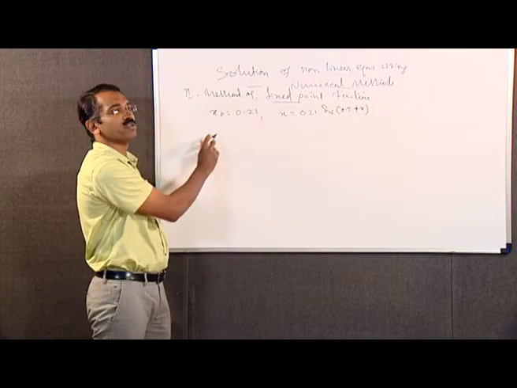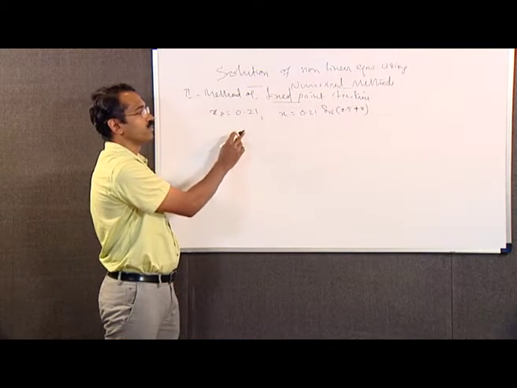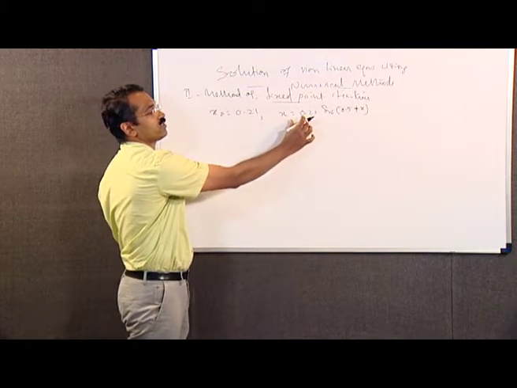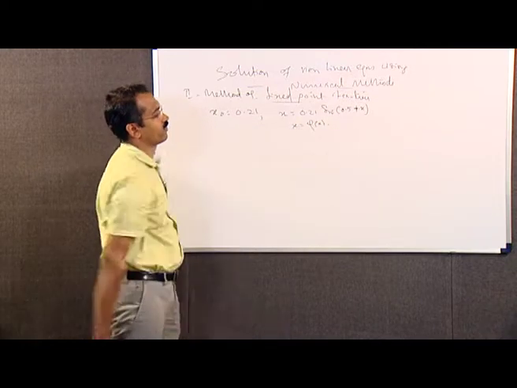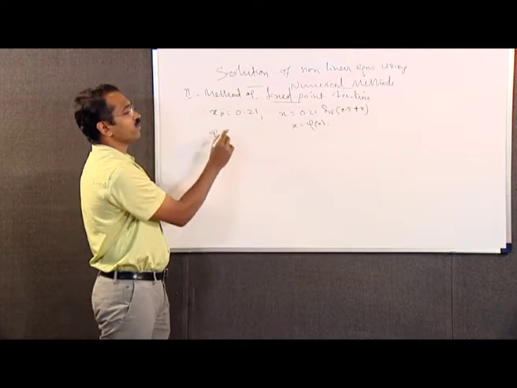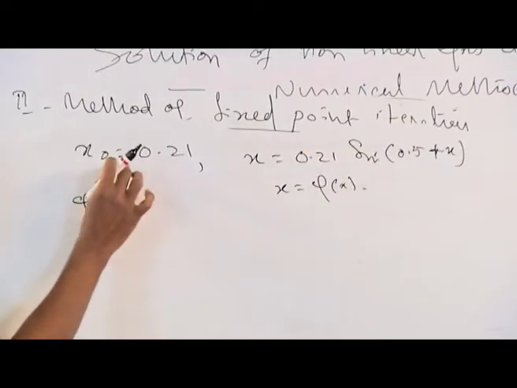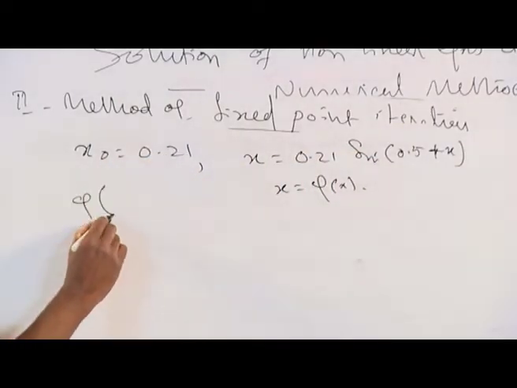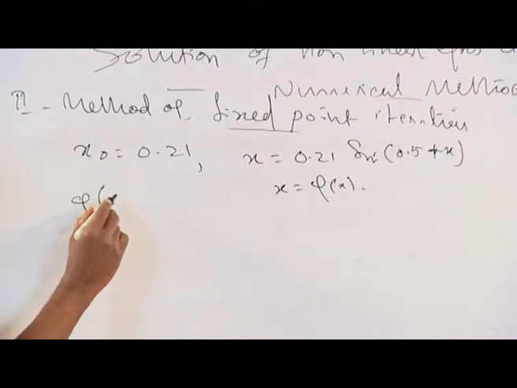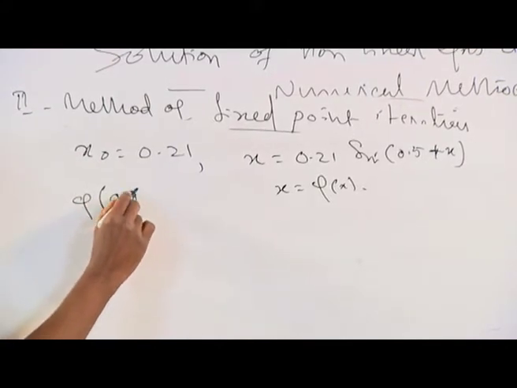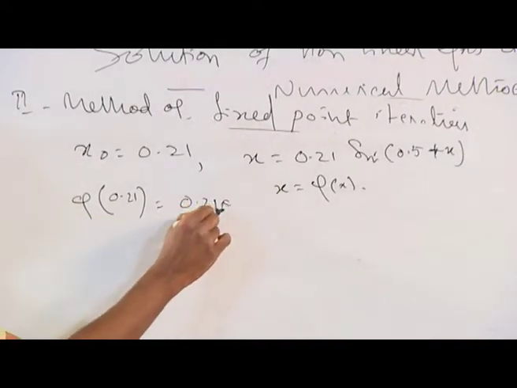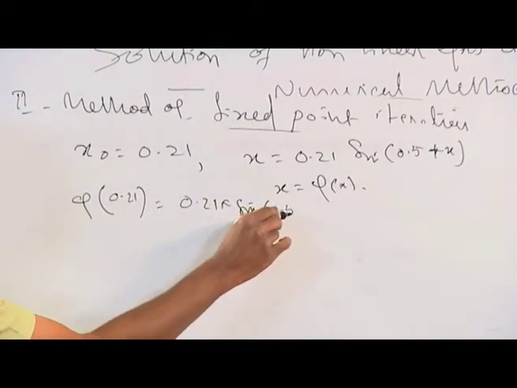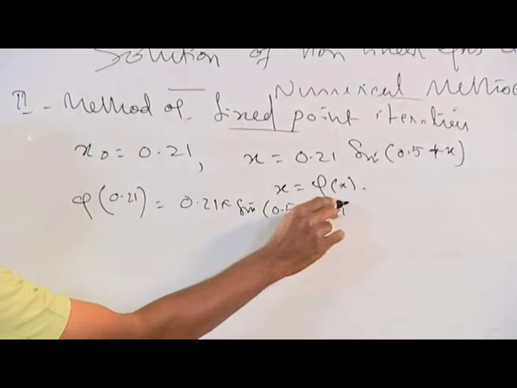Here x naught is given, x naught equal to 0.21. The equation is of the form x equal to phi of x. We put in the right hand side x naught equal to 0.21, that is phi of 0.21 is equal to 0.21 into sin 0.5 plus 0.21.